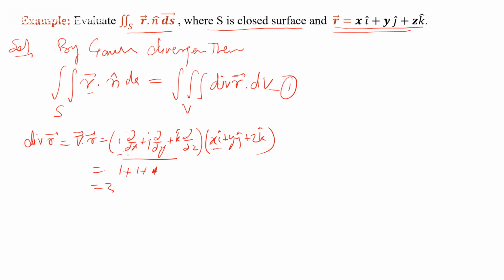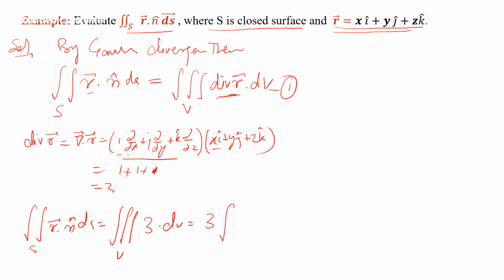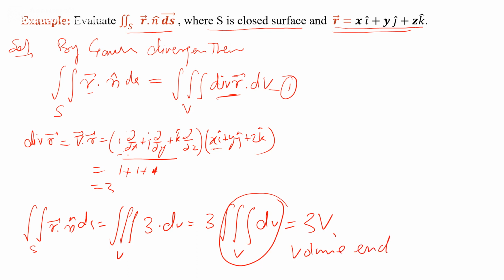Now from the first we can say that the surface integral of r dot n ds is equal to the volume integral of 3 dv, so we get 3V. Here V is the volume enclosed by the surface S.